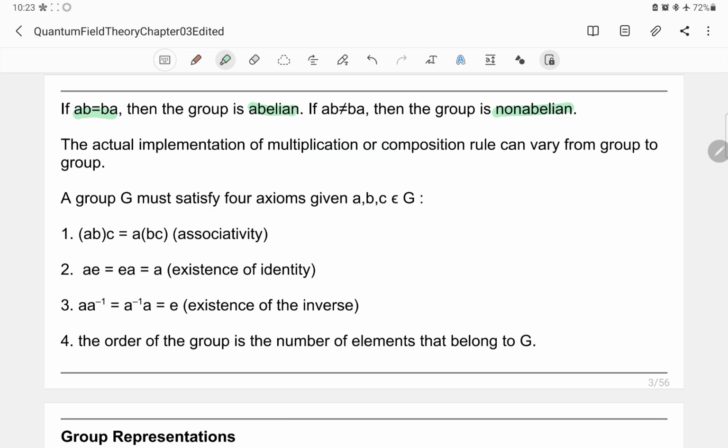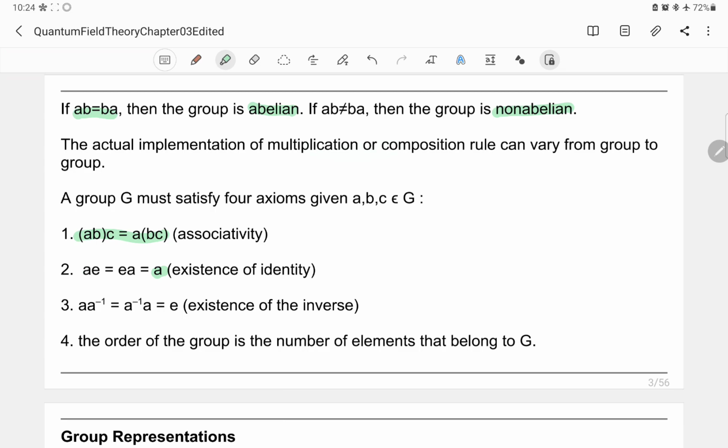A group G must satisfy four axioms, given A, B, C elements of G. If you have this property, then that group is associative. And this one is the existence of the identity E, such that when you multiply an element of the group, it gives you the element.